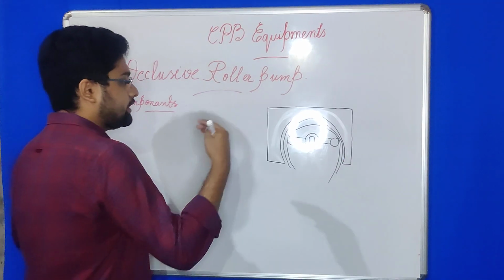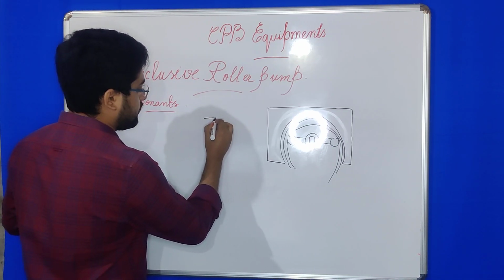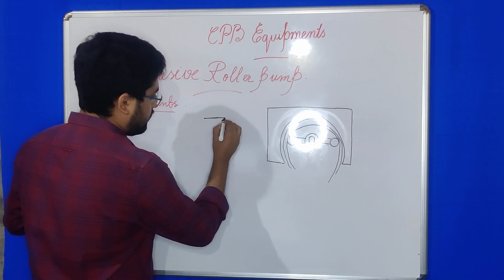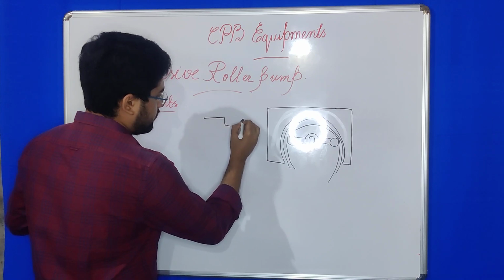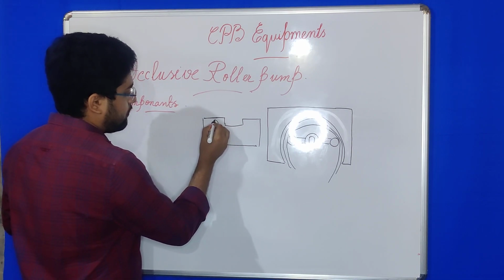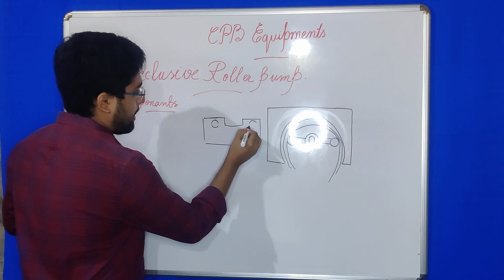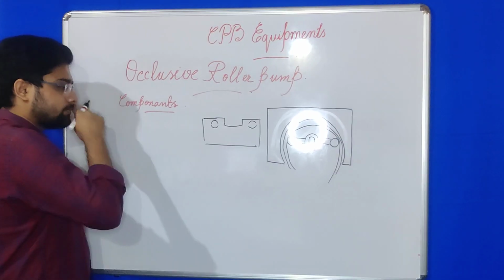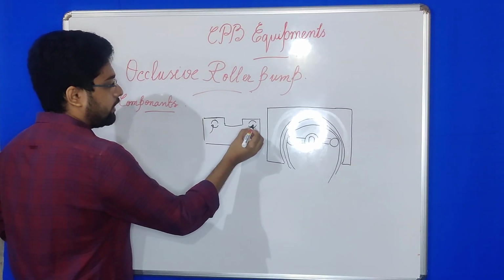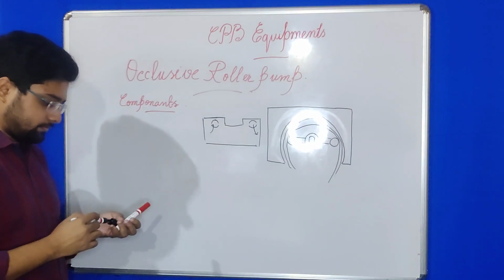And if we see from the front side, we will be able to see these two, one for entry of the tubings, one for exit of the tubings. These two are called the inserts. There are two inserts.